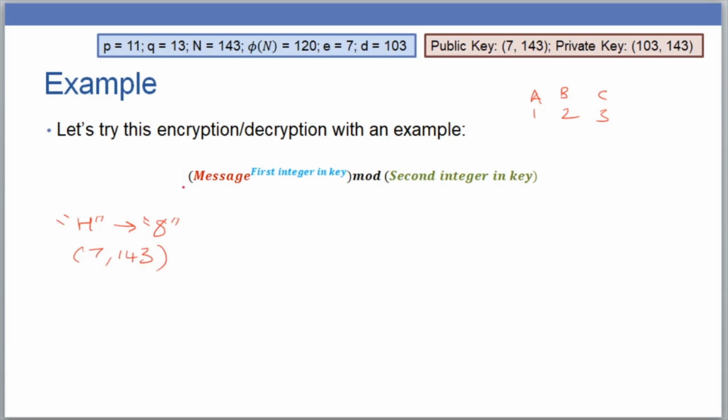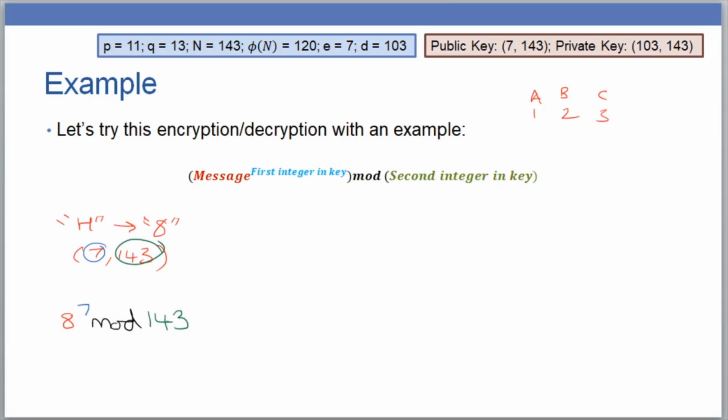we need to use this formula. So we need to do our message, which is 8, to the power of the first integer in the key, which in this case is 7, and then do mod the second integer in the key, which is 143.